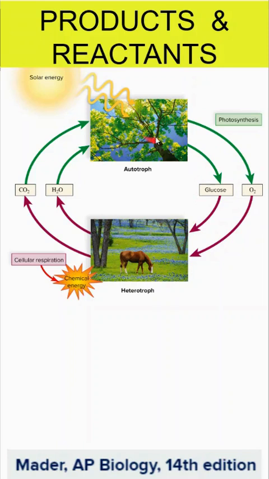So plants or autotrophs are producing glucose and oxygen, which become the reactants of cellular respiration. And the products of cellular respiration, carbon dioxide and water, become the reactants of photosynthesis. And it's this transfer of energy while we cycle our nutrients.